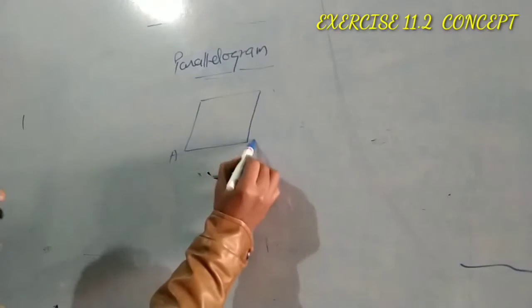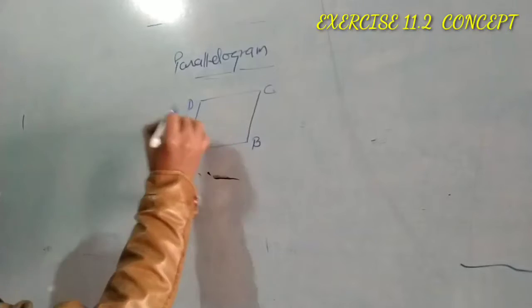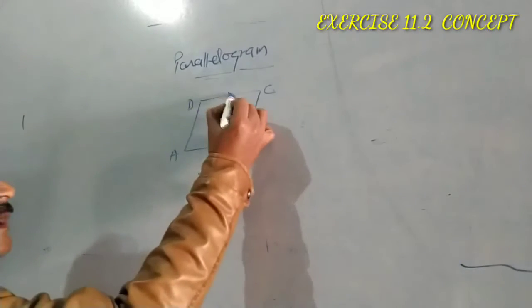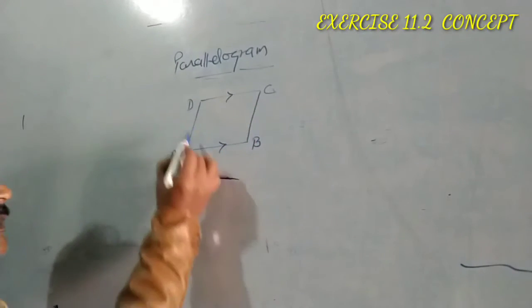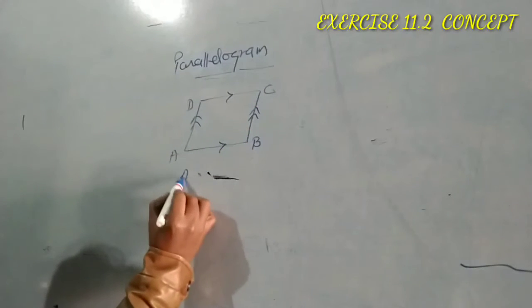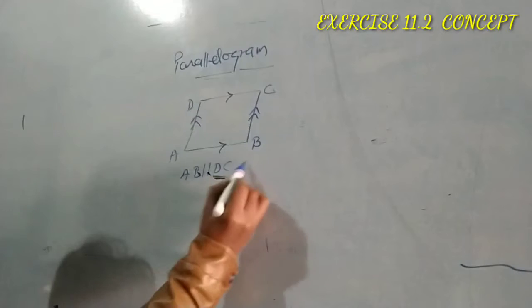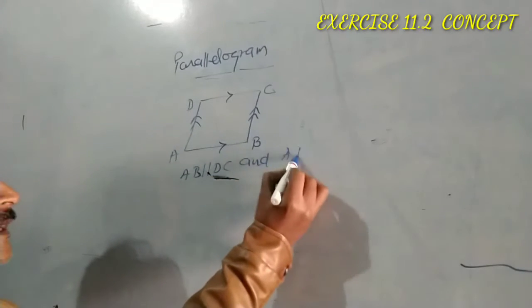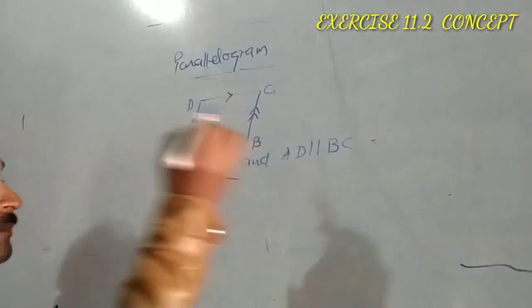If I name it A, B, C, D, then opposite pairs of sides are parallel to each other. This is the symbol of parallel, meaning AB is parallel to DC and AD is parallel to BC.